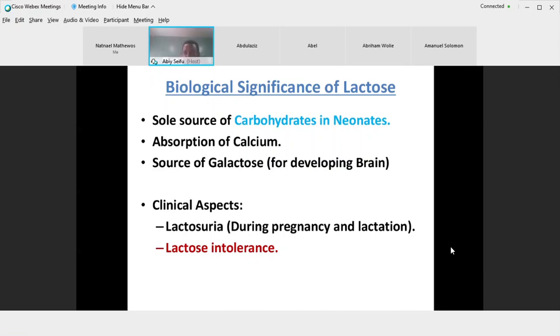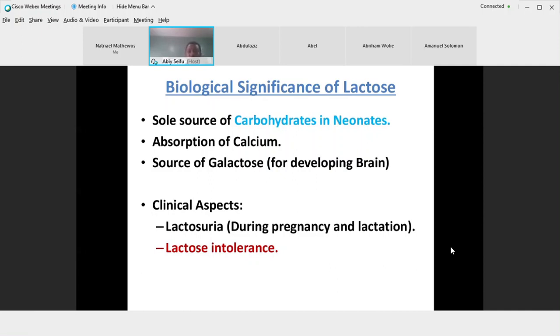Carbohydrate digestion in general starts in the mouth, whereas disaccharide digestion starts in the small intestine. Hence, enzymes like maltase, lactase, sucrase, and so on are found on the brush border of the small intestine.